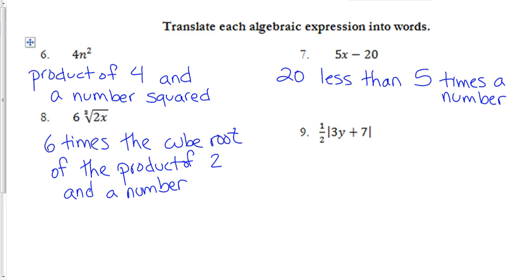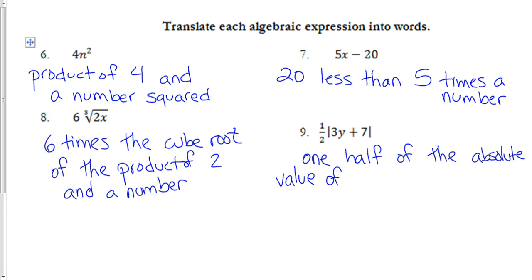And then in number 9, we have 1/2 of the absolute value symbols. So we got the absolute value. And inside the absolute value, we have addition.